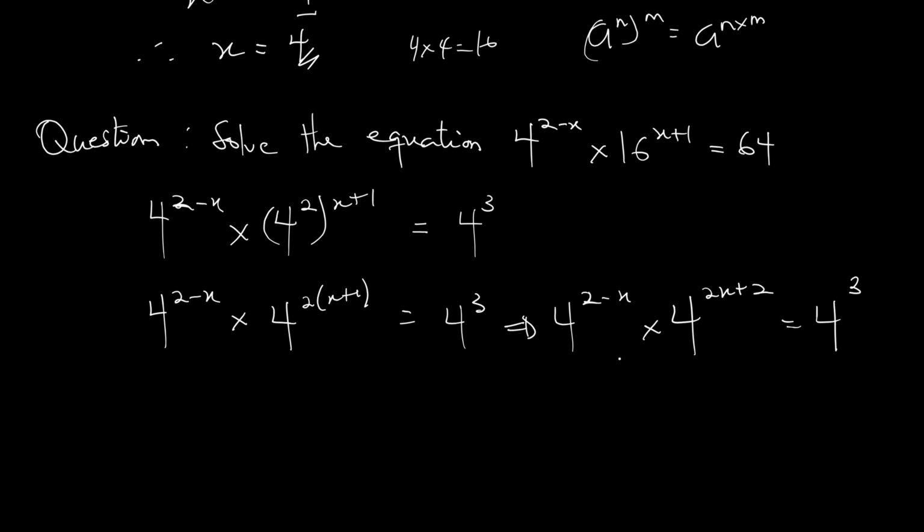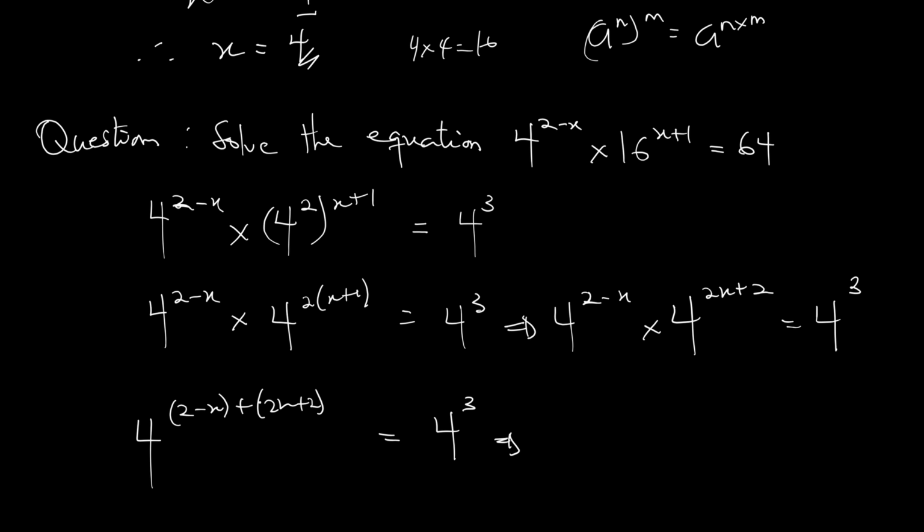Now from our left hand side, you can see that the bases are equal. And then from our rule of indices, if the bases are equal, we retain the base and we add the exponents. So we have 4 raised to the power 2 minus x plus 2x plus 2 is equal to 4 raised to the power 3.